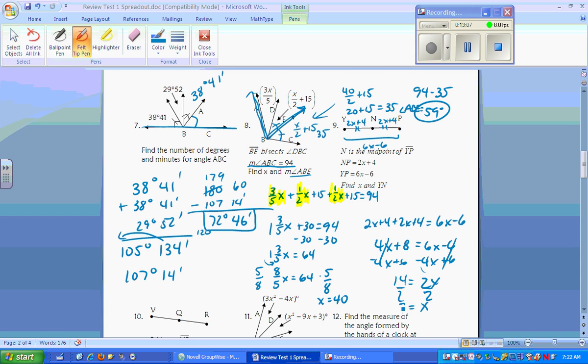X ends up equaling 7. They want you to find x, so there's part of your answer, and they want you to find YN. Well, YN is the same thing as NP, so you're going to do 2 times 7 in parentheses plus 4. Well, this is 14 plus 4, so YN equals 18.